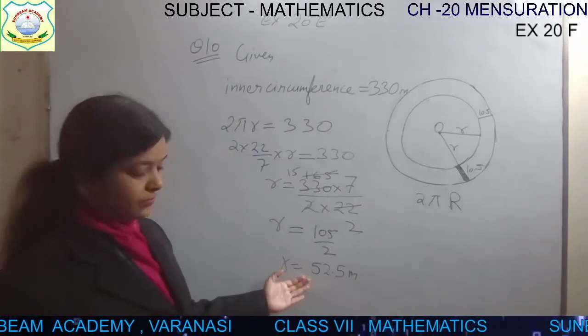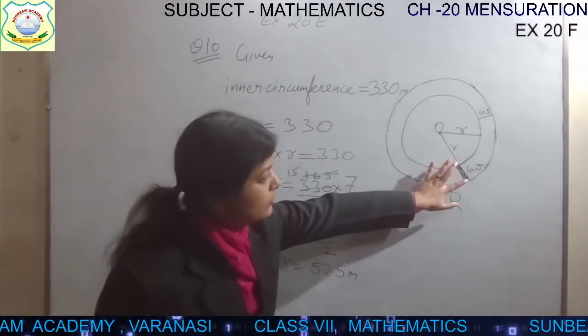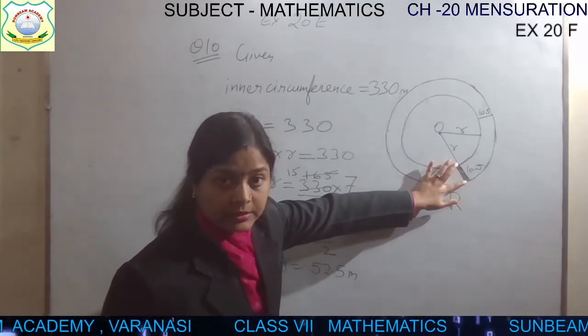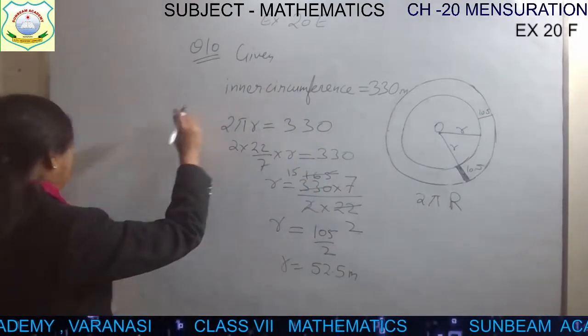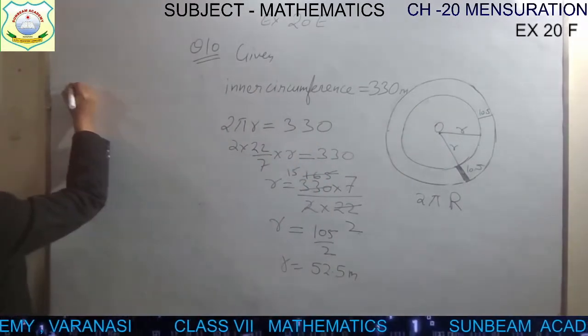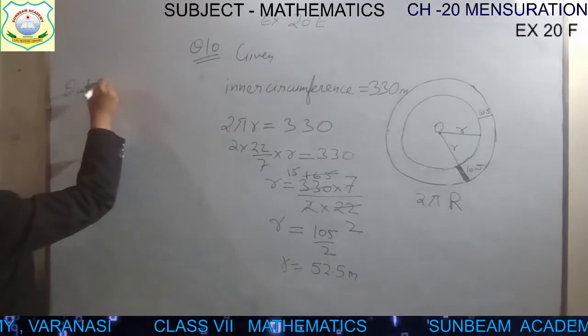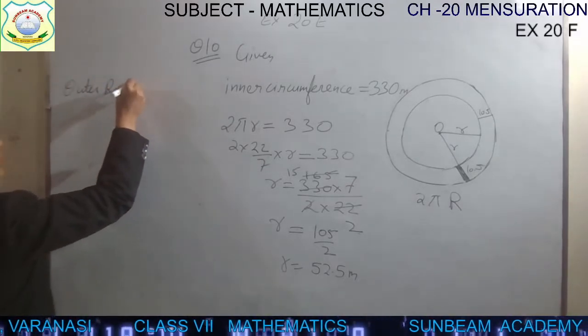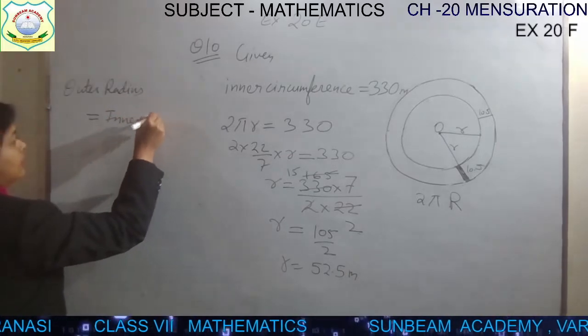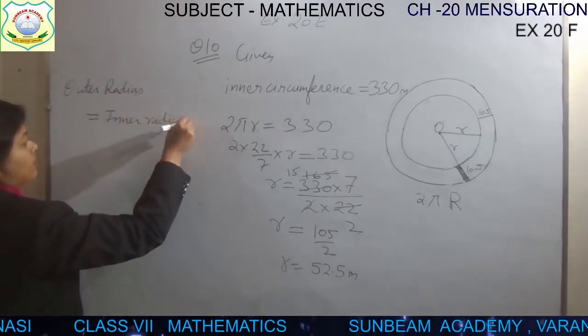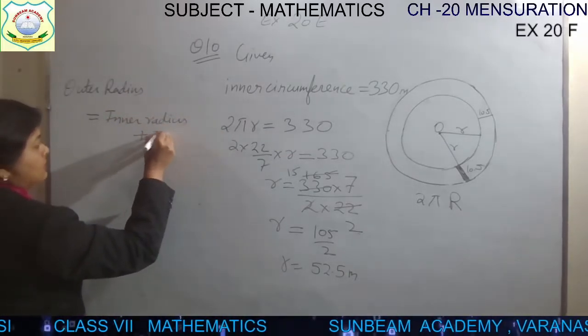Now radius we know, the width of the circular track we know. We can find the outer circle radius. So now let's do the next part. Outer circle radius will be equal to inner circle radius plus track width.